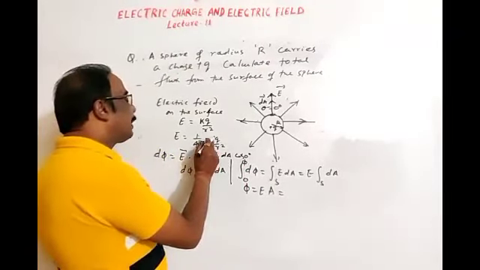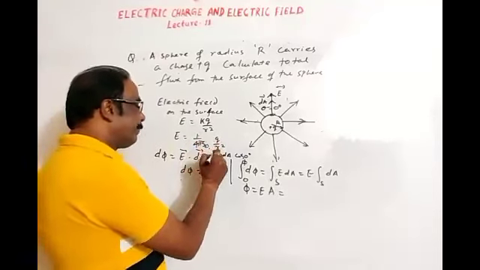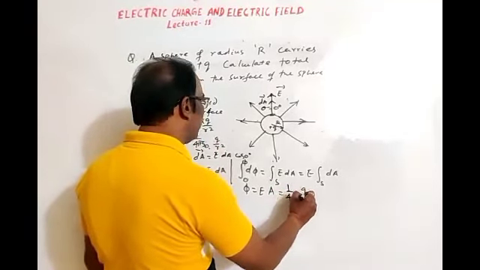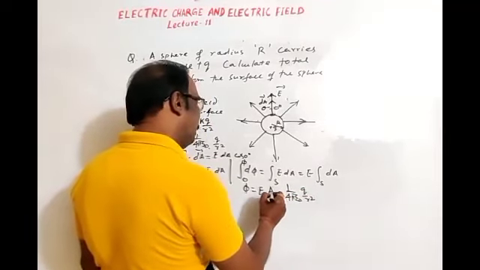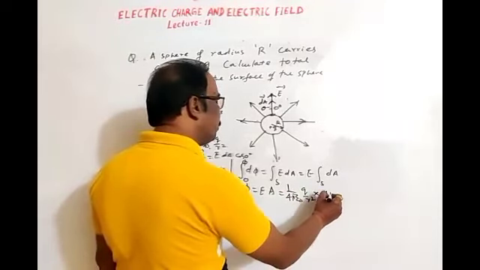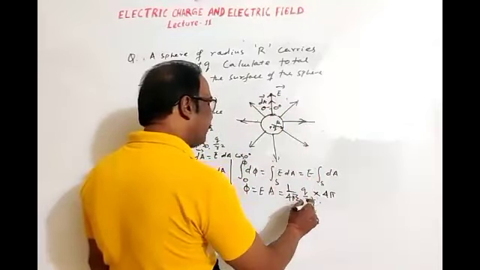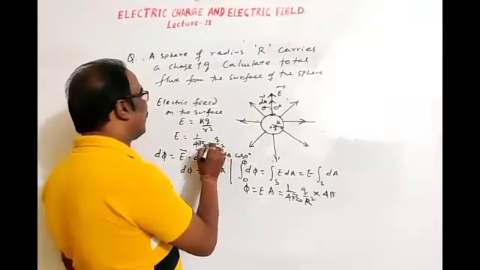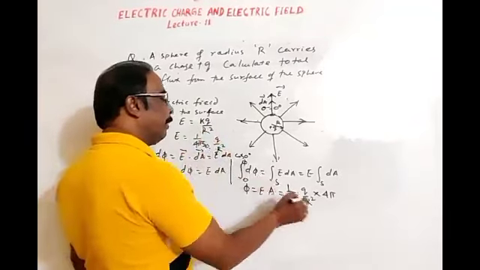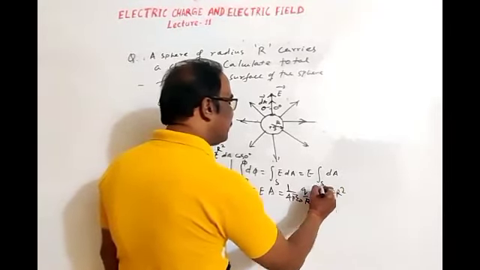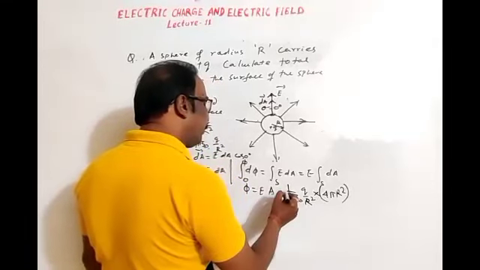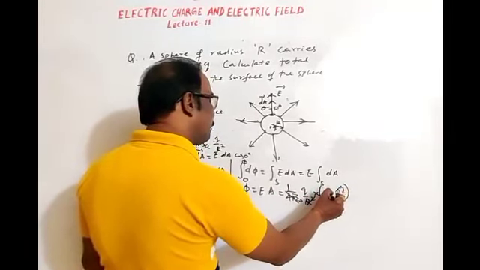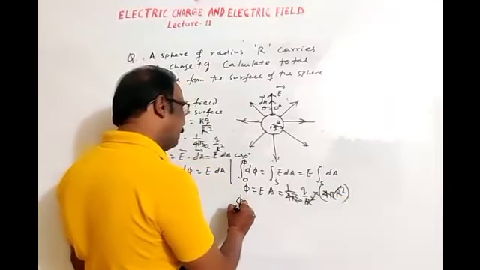And electric field, as we have got, is 1 divided by 4 pi epsilon 0 times Q by R square, into area. Area is the whole surface area of the sphere. This is capital R. 4 pi R square is the surface area of the sphere. 4 pi R square gets cancelled, and what we got?